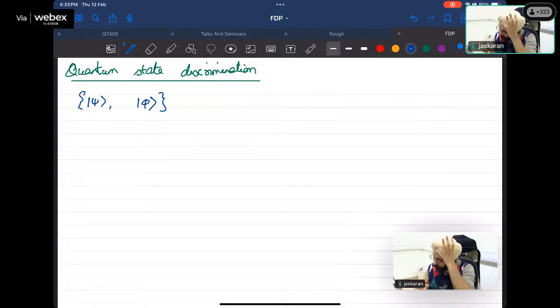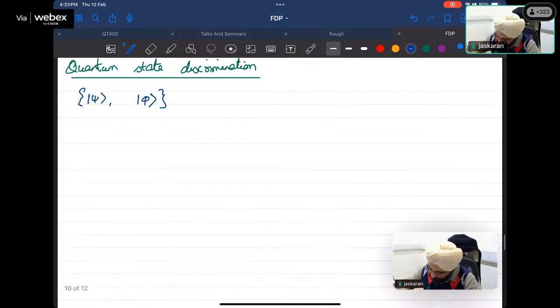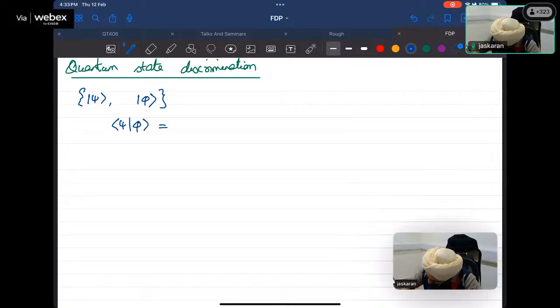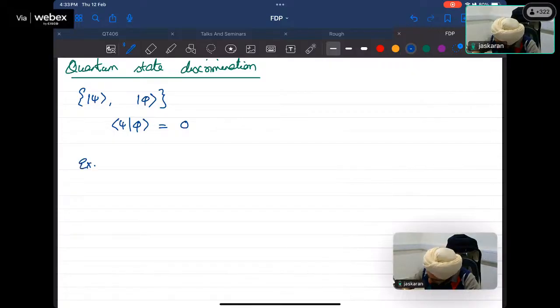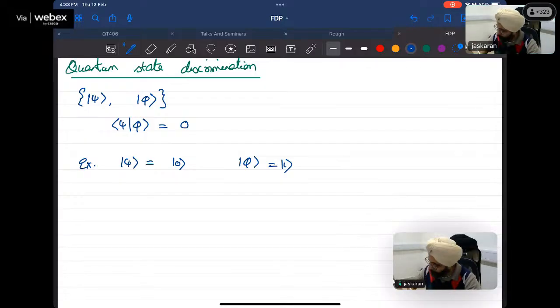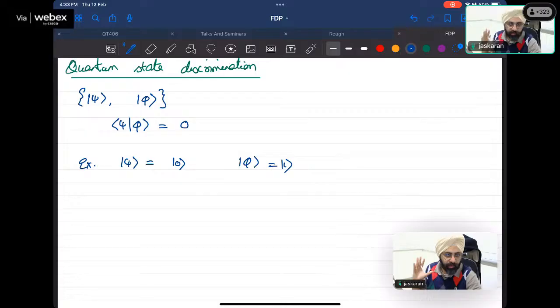So let us first take the case when psi and phi are orthogonal. For example, I can take ket psi equal to ket 0 and ket phi equal to ket 1. I am given one of these quantum states. I don't know which one, and my task is to figure out whether it is ket 0 or ket 1.